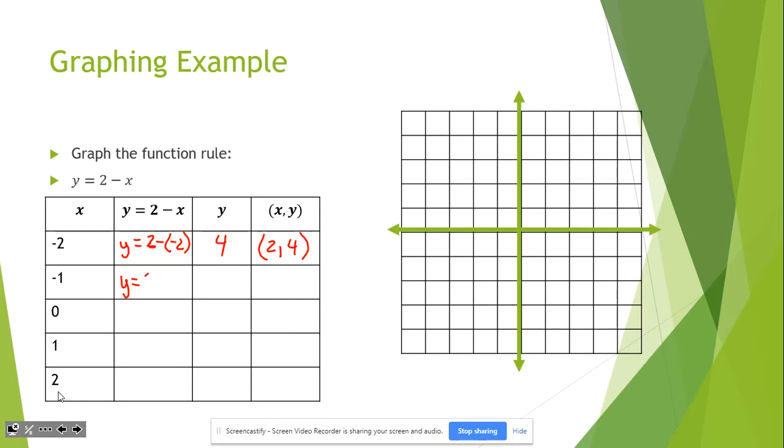Pardon me for that. Notice that I'm putting my negative values in parentheses so I don't get confused with the original minus sign. Once they become positive, I don't necessarily have to use parentheses anymore.